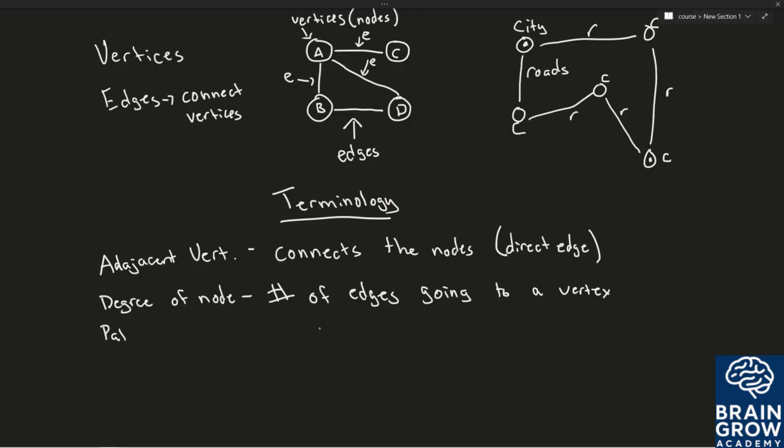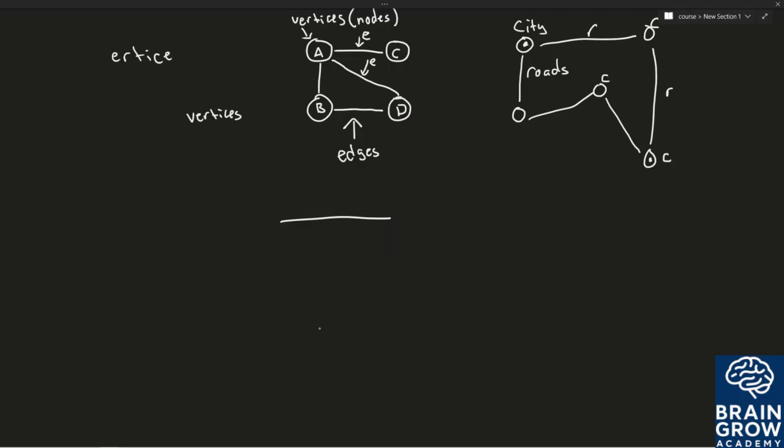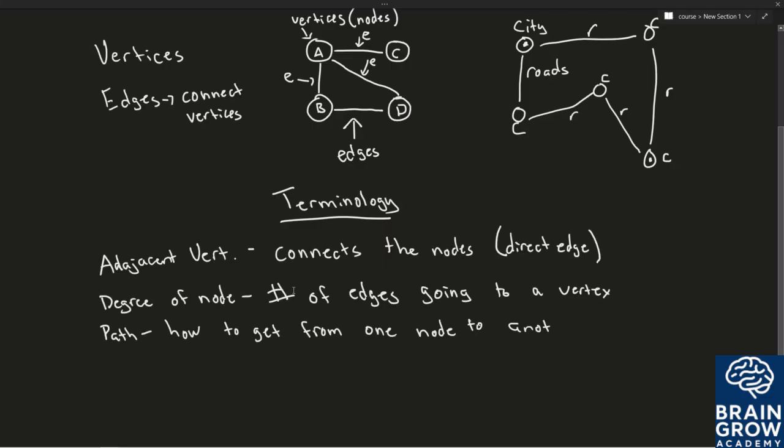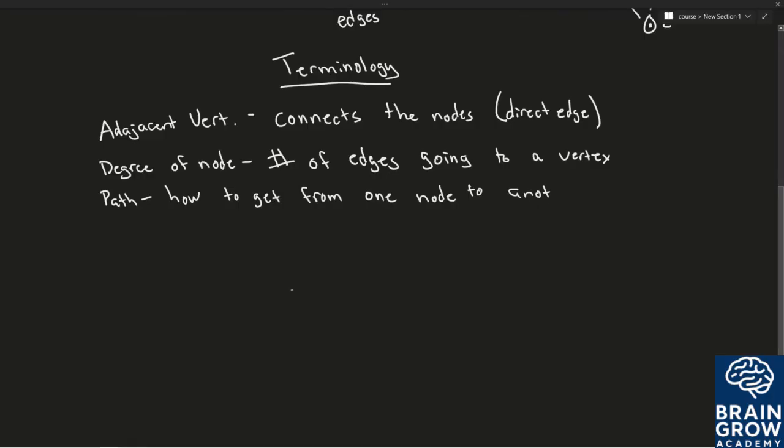We have the path, and this is how to get from one node to another. We have our connected graph.